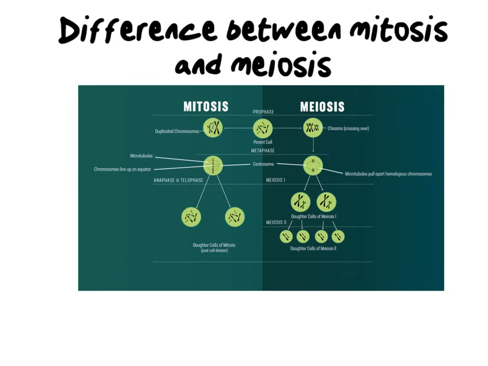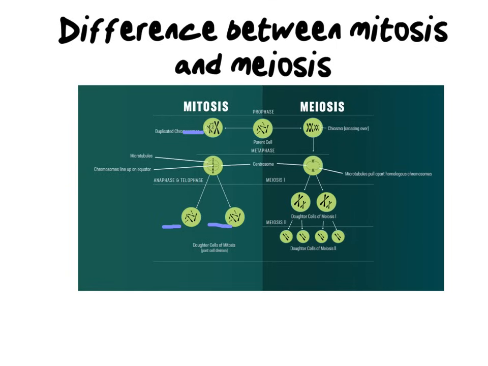Now, it's important for us to be able to tell the difference between mitosis and meiosis. They are definitely sister processes and they have a lot in common. However, their products are very, very different. Mitosis is going to take an original parent cell and it wants to make 2 identical copies at the end. And what's really important in mitosis is maintaining the number of chromosomes.